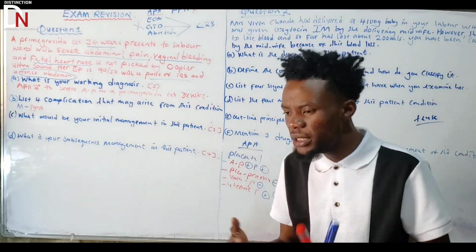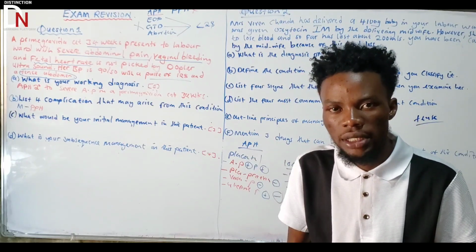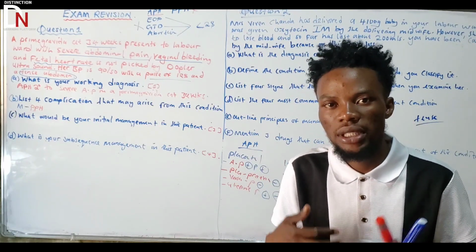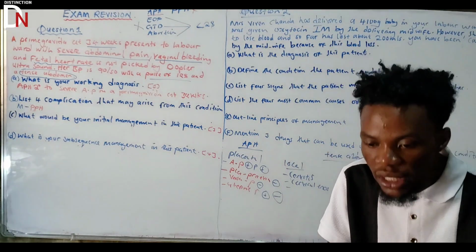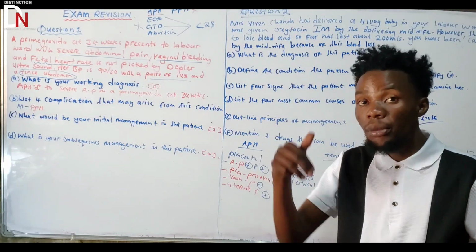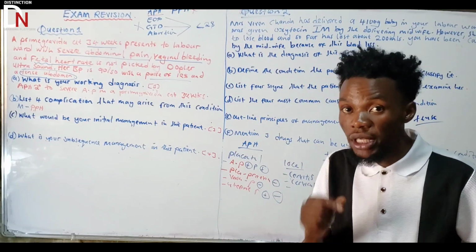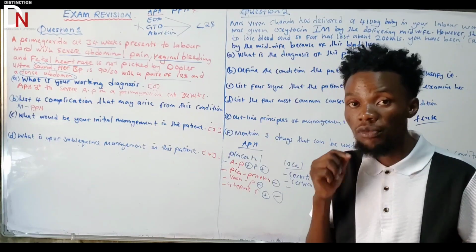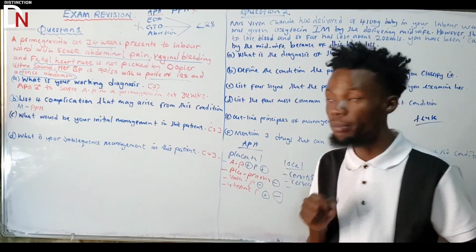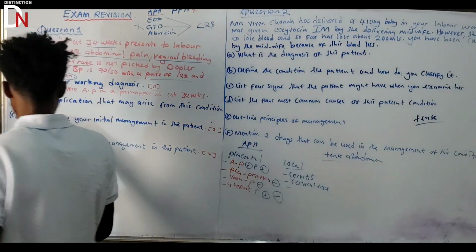They bleed during pregnancy, and then after delivery they can bleed as well. That is a complication of APH. So APH can have PPH as one of its complications. They can bleed after delivery.